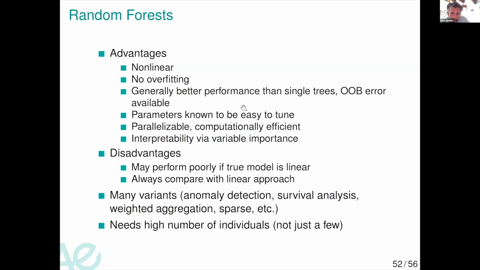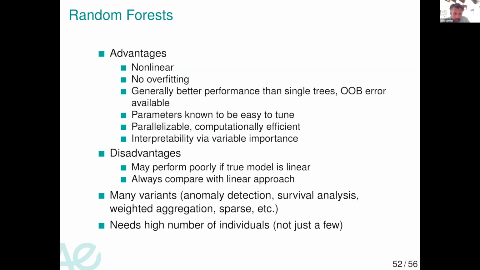So maybe not easy, but not so difficult. And the forest is parallelizable, so it could be computationally very efficient. And as I said, the interpretability could be performed via the variable importance, which is based on permutations.